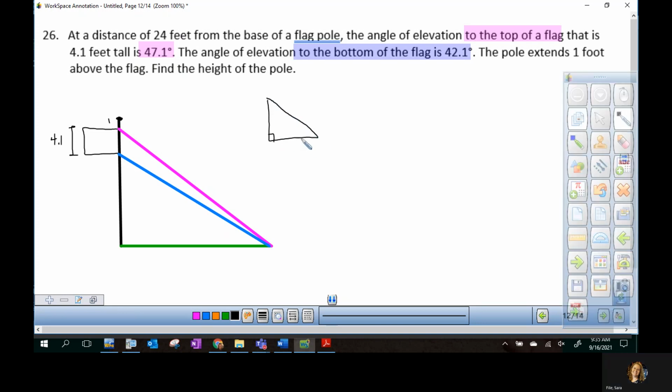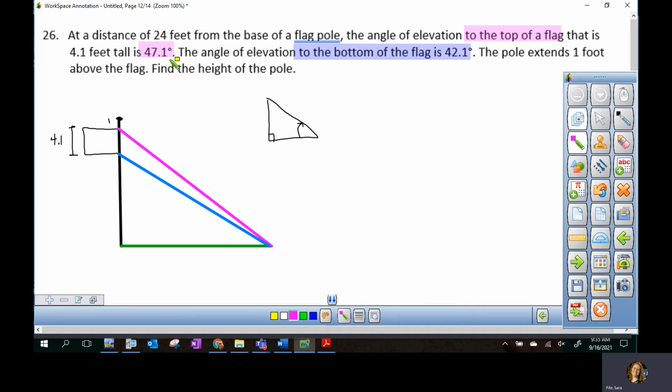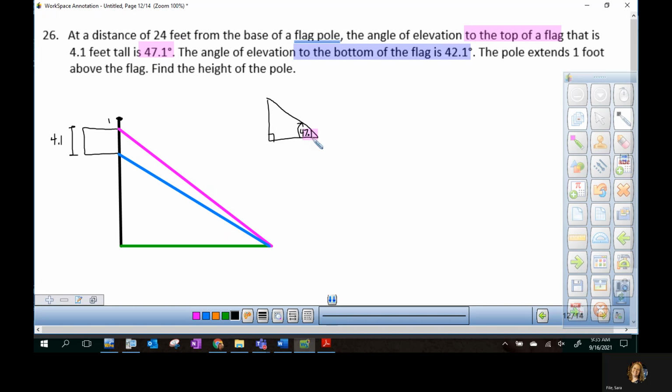Okay, so the angle for the pink one, we said, put that in pink, is 47.1. This is from a point 24 feet away, and this is what we're looking for.